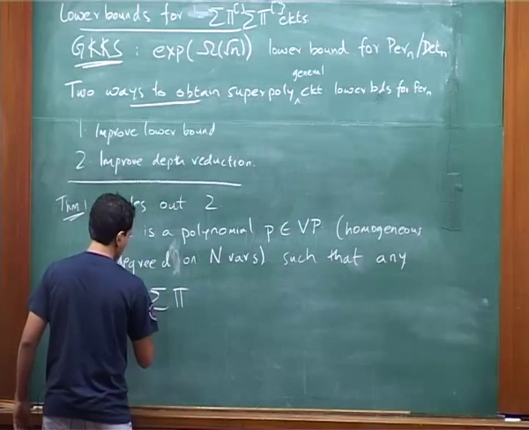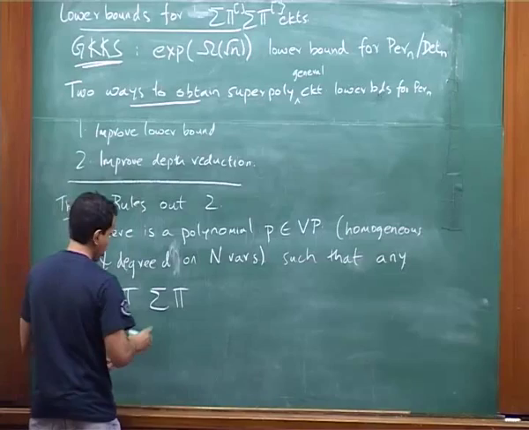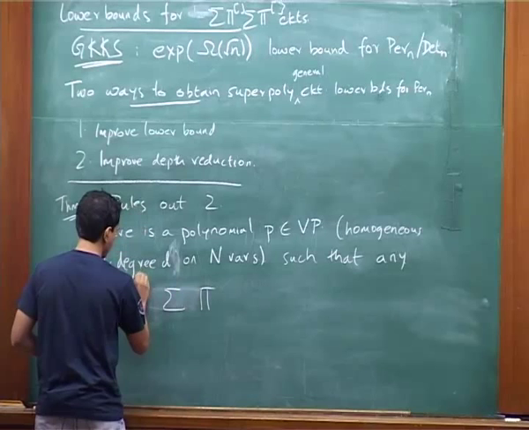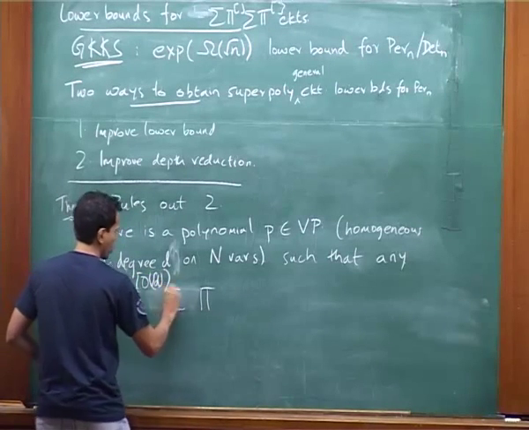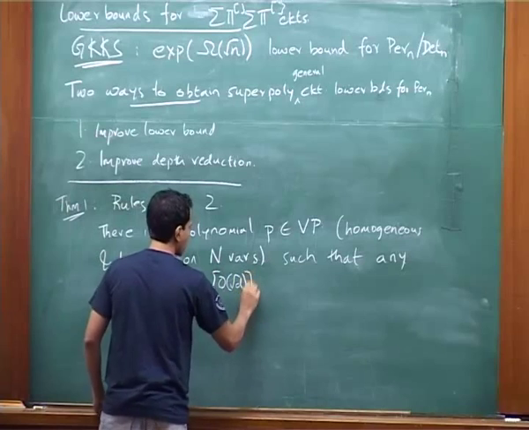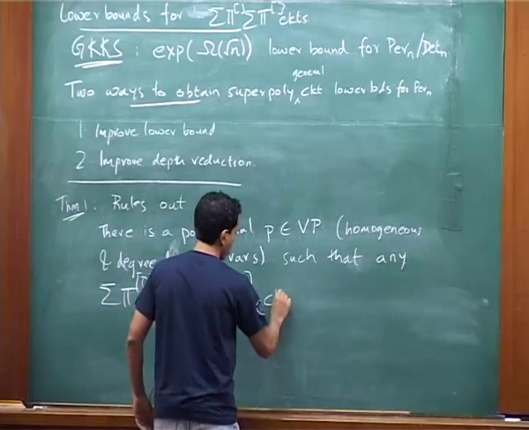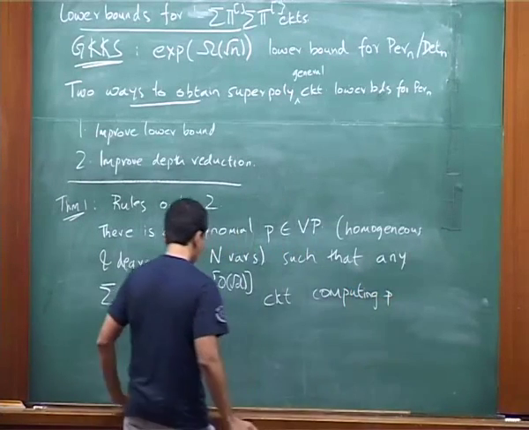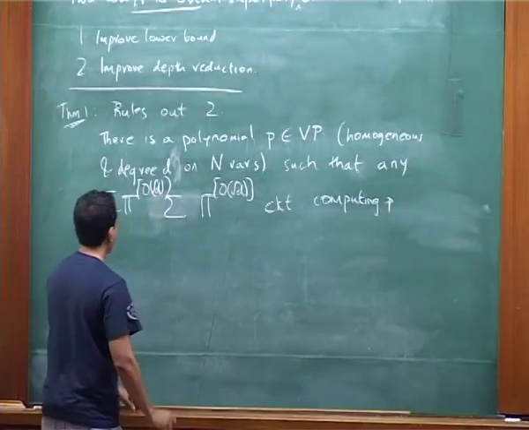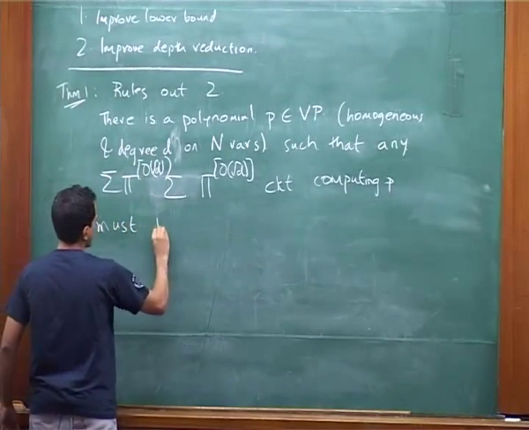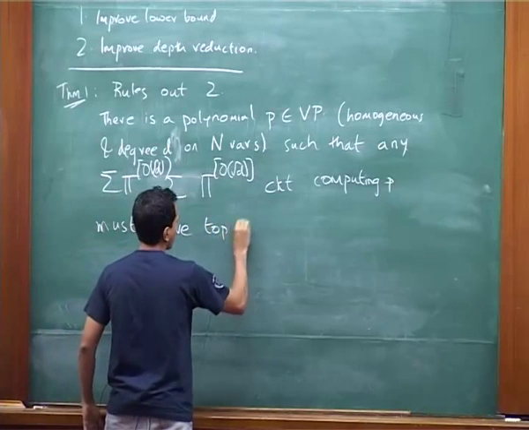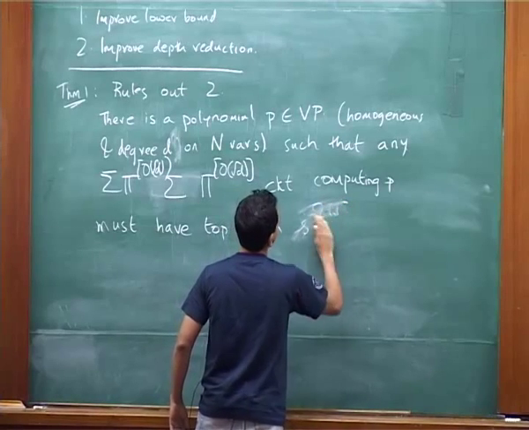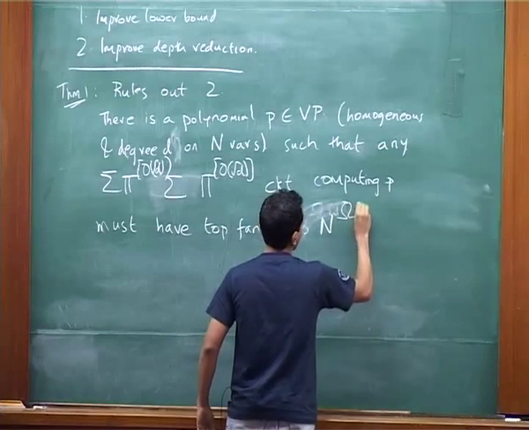So let me just be a little careful here. With these fan-in bounds, any circuit computing P must have large size. So must have size, in fact you can say something stronger, must have top fan-in, not s but n to the omega square root d.